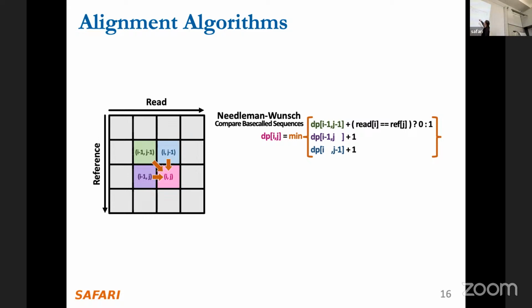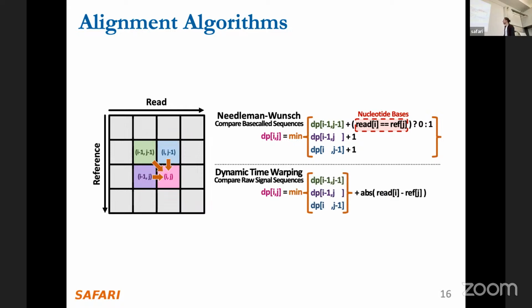It's the minimum of the top left, the top, or the left. And for the top left, you additionally compare the nucleotide sequences at that respective read and reference position. Whether they match or don't match affects the score that you compute. So far, so good?